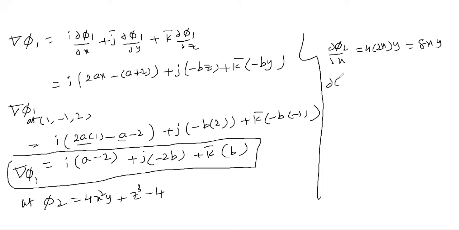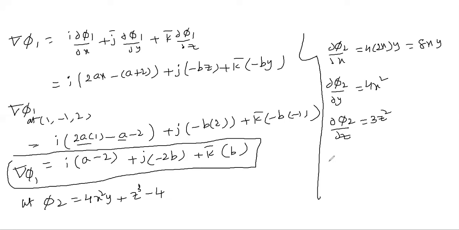Next, dou pi 2 by dou y. Partially with respect to y: y differentiation 1, so 4x square; z cube constant 0, 4 constant 0. Next, dou pi 2 by dou z. Partially with respect to z: x square y is constant, its value 0; z cube gives 3z square; the constant is 0.